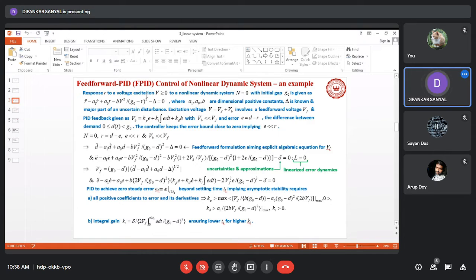In this equation, this delta represents some kind of disturbance, and that may arise from the friction between moving components.